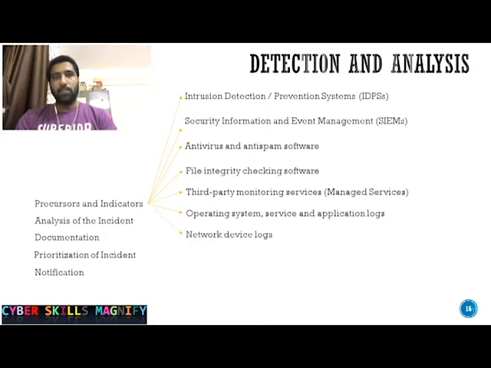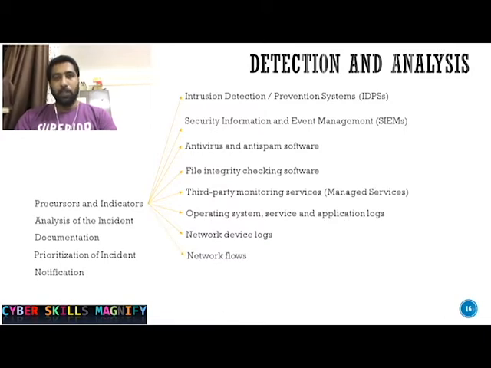Logs from network devices such as firewalls and routers are typically a primary source of precursors and indicators. Although these devices are usually configured to log blocked connection attempts, they provide little information about the nature of activity. Still, they can be valuable in identifying network trends and in correlating events detected by other devices.